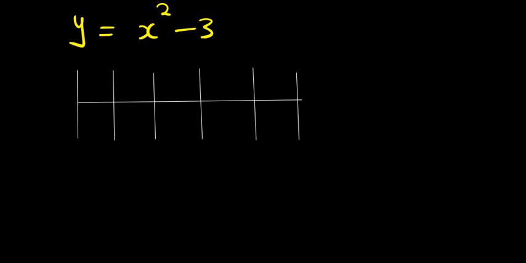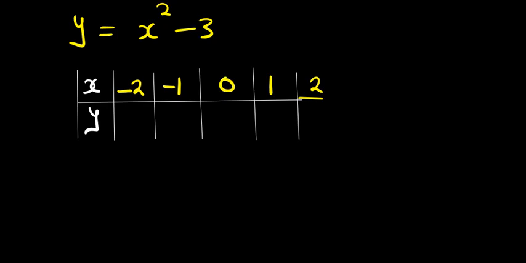Let's say we've got x and y like that. Then we've got numbers here. Let's say I start from -2, -1, 0, 1. I can also put a 2.